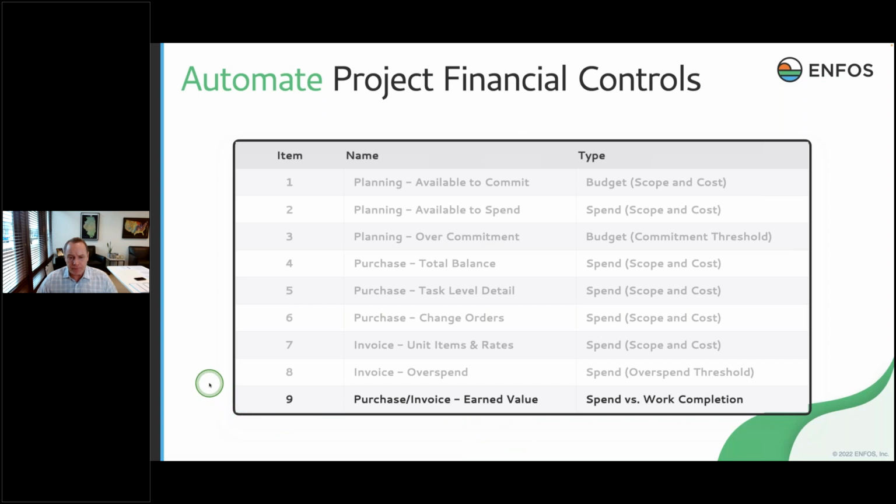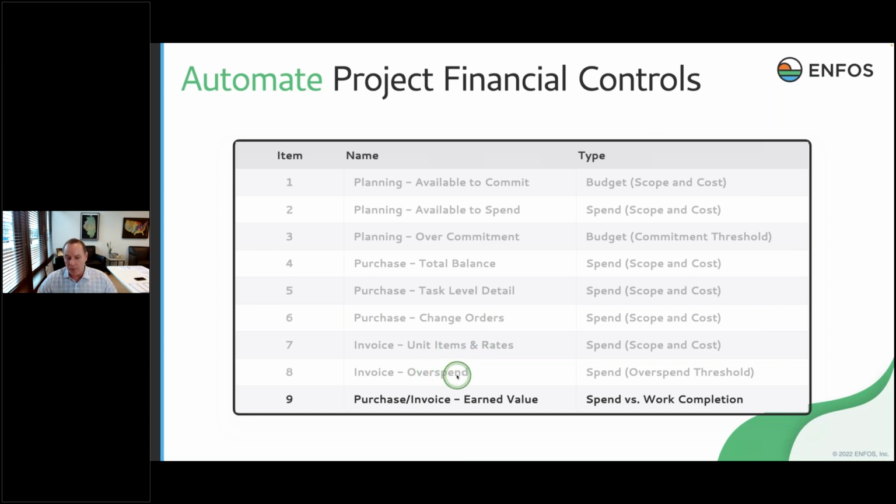And again, for time's sake, I won't go through all of these, but you can see starting with the planning, I can control how much I'm committing to our supply chain. I can control how change orders are established and approved. And then on the spend side, I can control it down to the unit item and rate level.